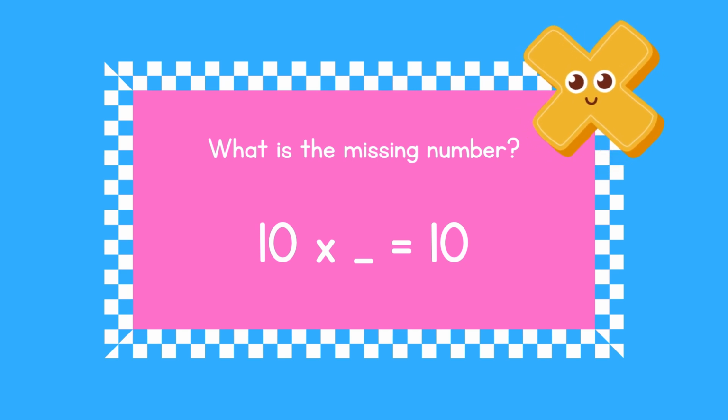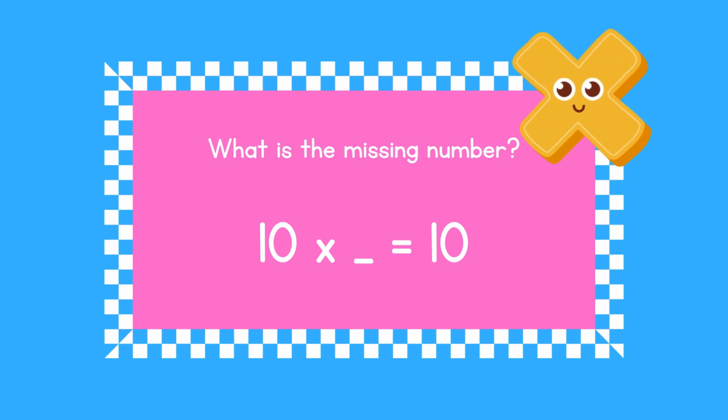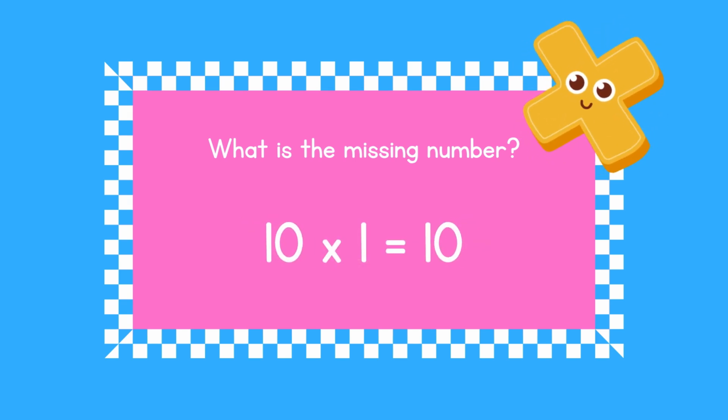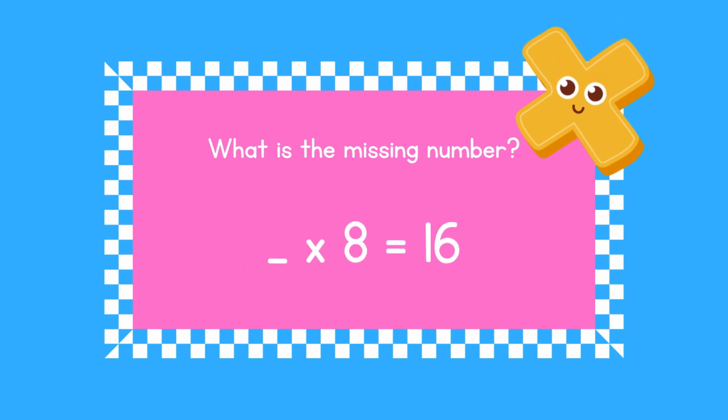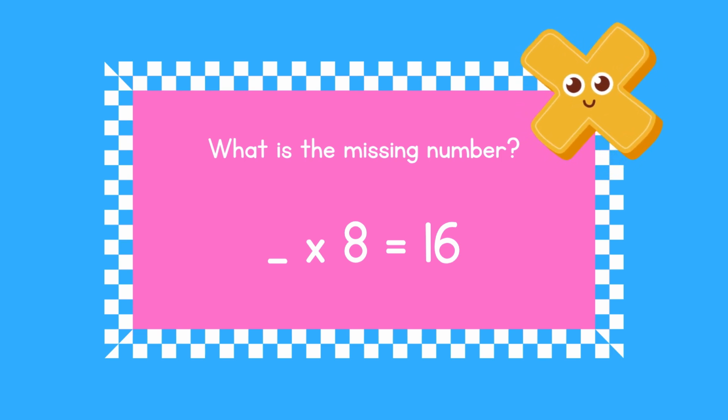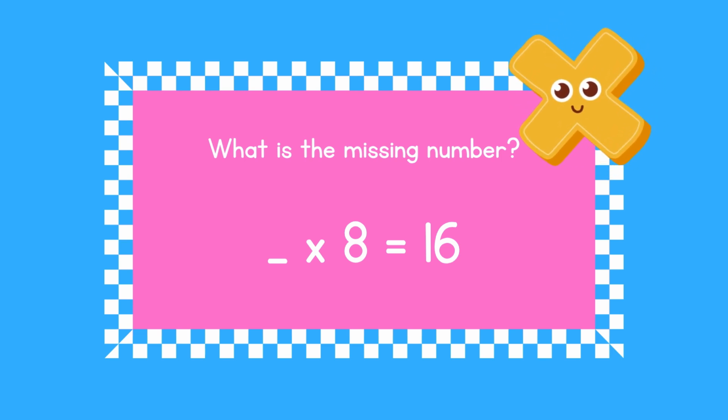Find the missing number. Ten multiplied by 1 is 10. Find the missing number. Eight multiplied by 8 is 16.